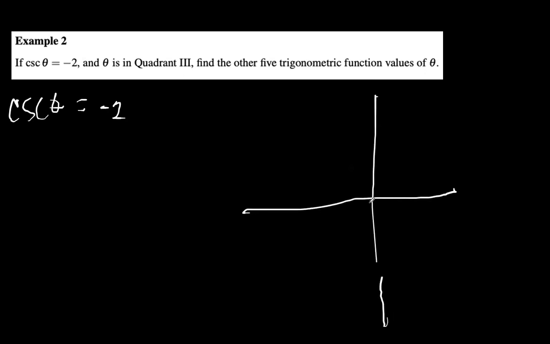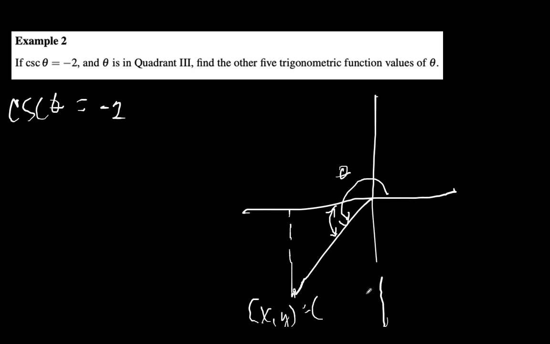Theta is in quadrant 3. So it is here. So this is theta. Alright? So we will get the reference angle here. Of course, we do not know the specific angle measure, but we know that this is x, y and this is equal to something.